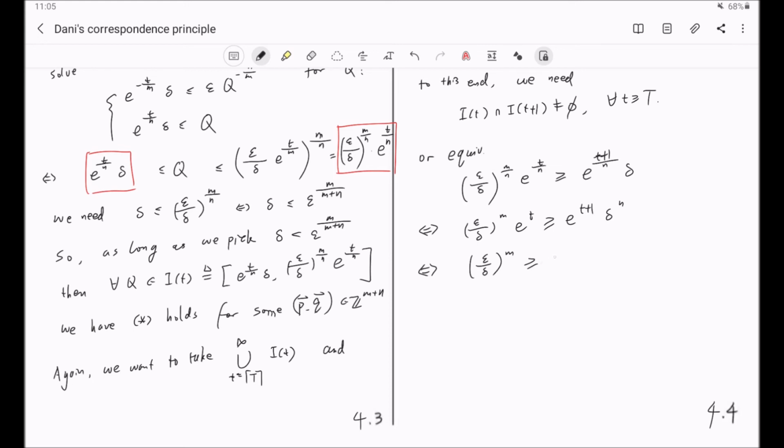So you get epsilon over delta raised to the power m is greater or equal to epsilon times delta raised to the power n. Now actually, in here we do not need that t is greater or equal to capital T, because unlike what we did before, there's no t in the end.